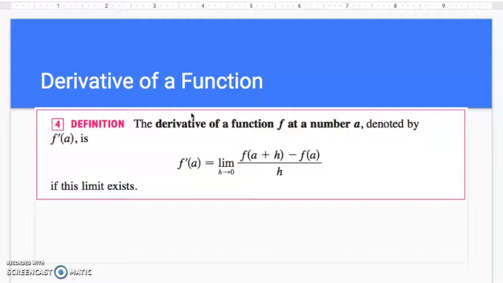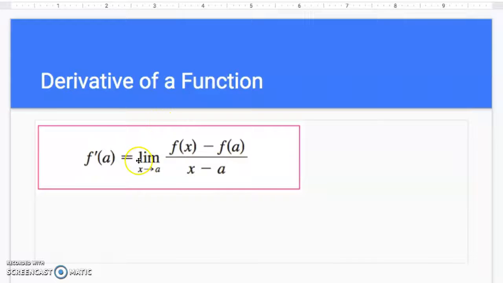There is another way to find the derivative, and that is using this function right here. So this is just y minus the y value, divided by x minus the x value. So remember, the derivative is finding a slope. So this is just y2 minus y1 over x2 minus x1.